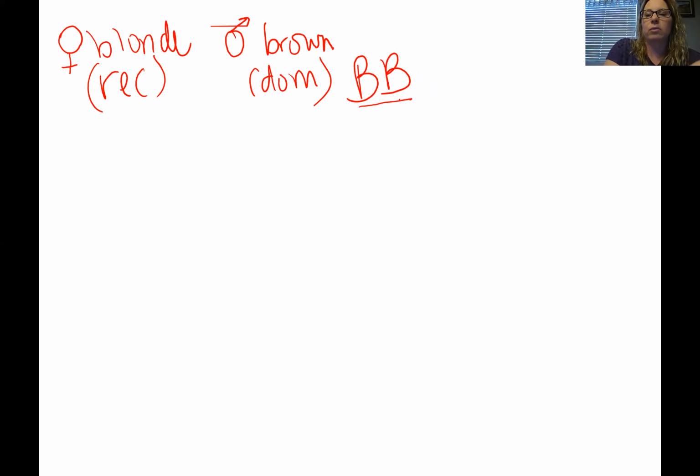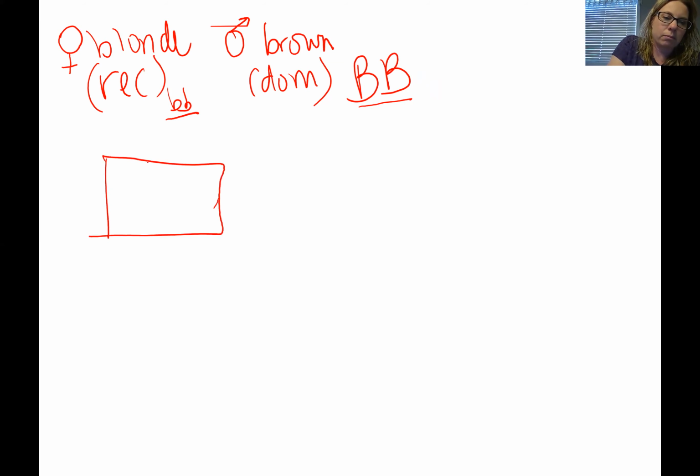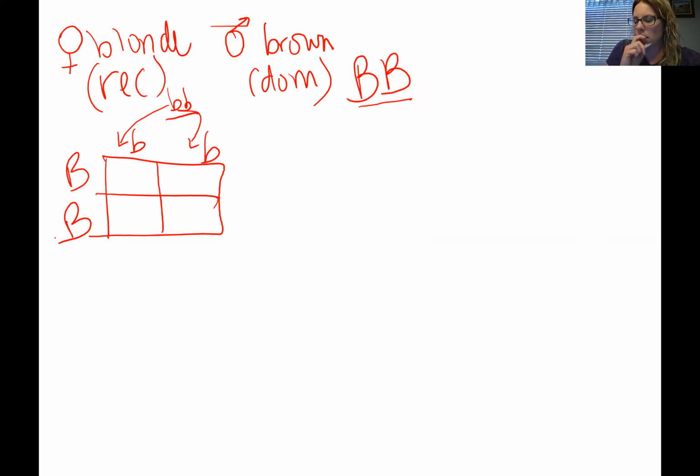Mom's hair is blonde, which is recessive, so we'll call her genotype little b, little b. Now, if we set up our Punnett square here, we put mom's possible alleles here and here, and then we put each of dad's possible alleles there and there. Now we can fill in our Punnett square.